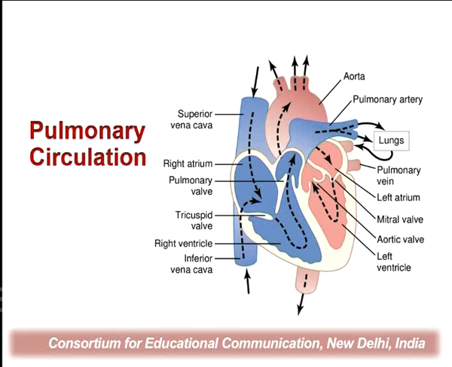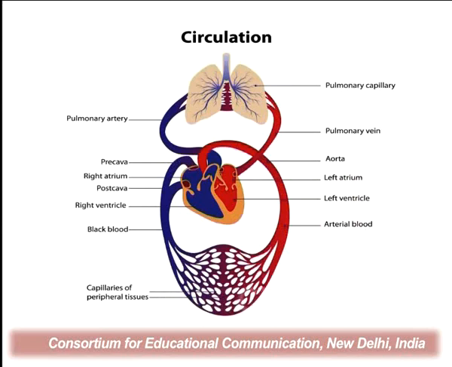Then through the aortic valve it goes to the aorta, and from the aorta it circulates to the whole body. So this is the pulmonary circulation of the heart.